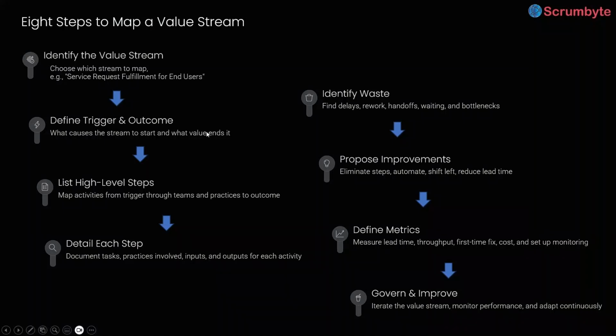That's the trigger. What are the high level steps? What are the low level steps? That means details of those high level steps. Trying to identify waste. You have to propose improvements always. You have to capture and define the metrics that you want. And finally you need to govern and improve.